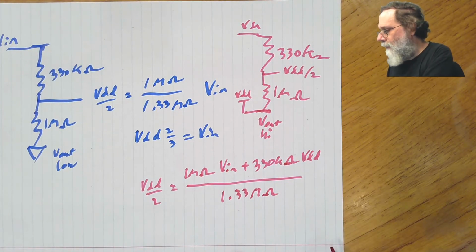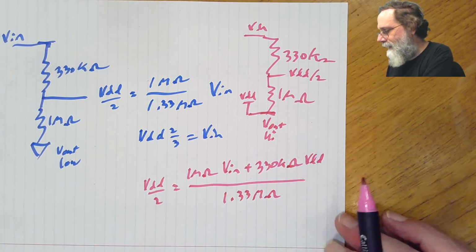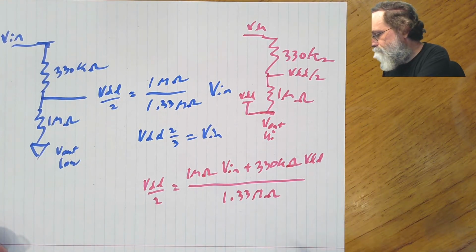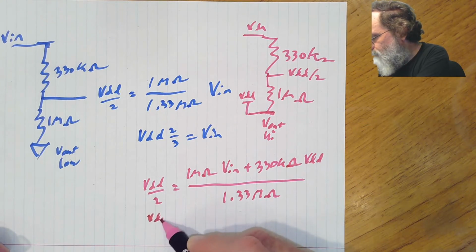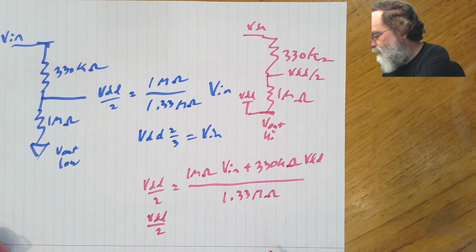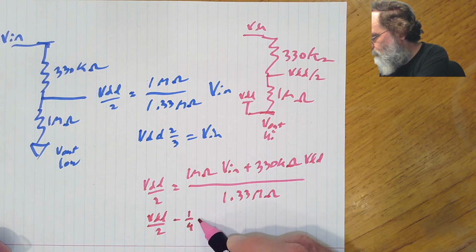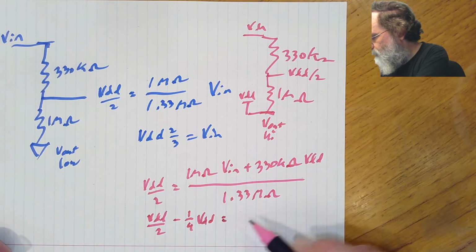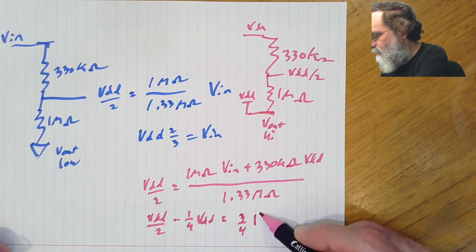And we can go through the same sort of calculations as before and get that VDD over 2, subtract this from both sides, minus 1/4 VDD, equals, again, about 3/4 Vin.